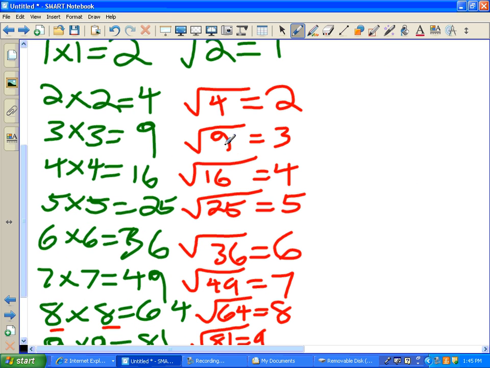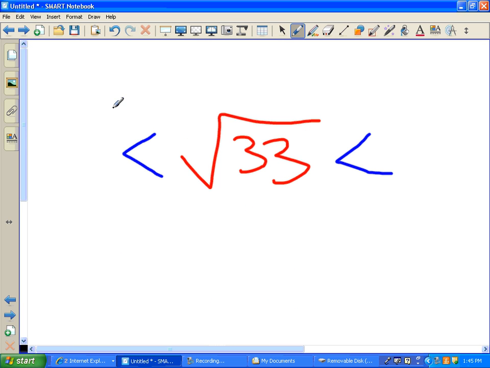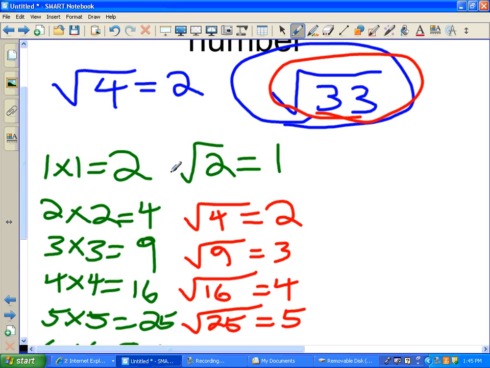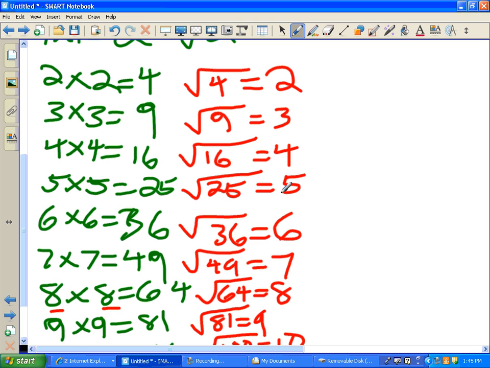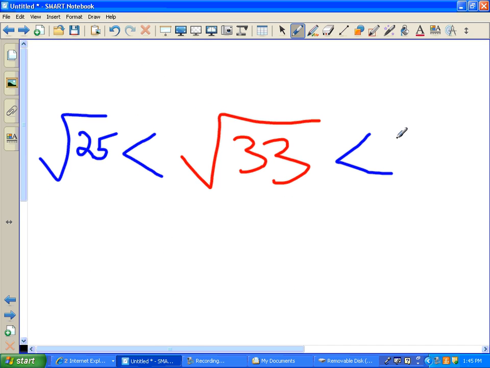Well, we got root 9, root 16, root 25, and root 36. Well, root 25 is the closest perfect square we have before root 33. So we got root 25 comes before it. What's the other root that comes after it? Well, we've got root 36 is the one that comes after it.